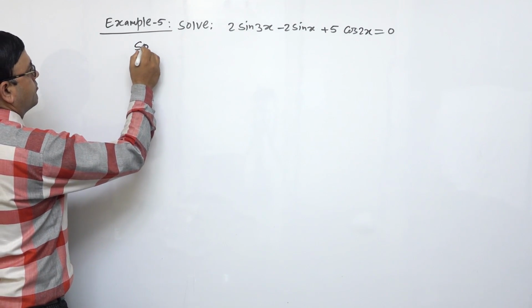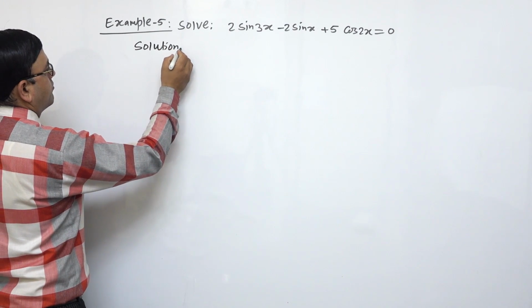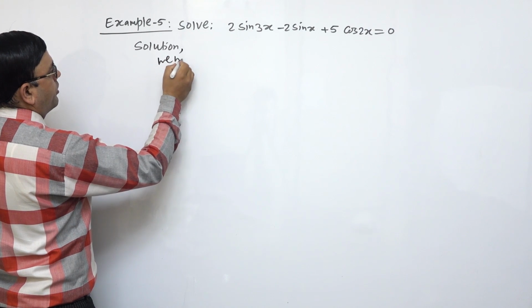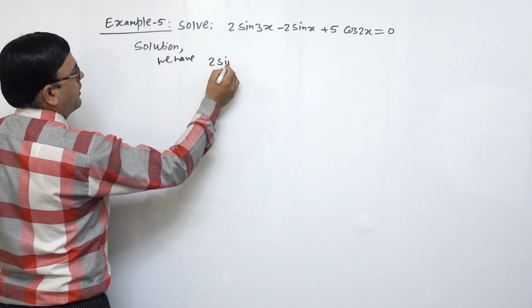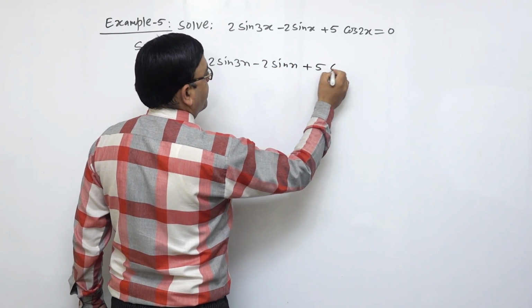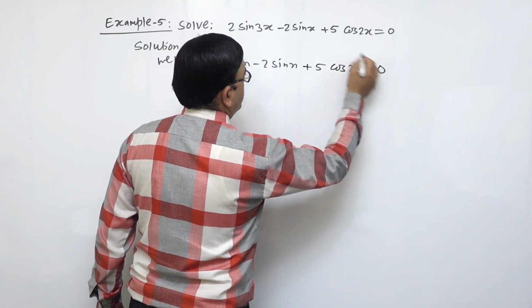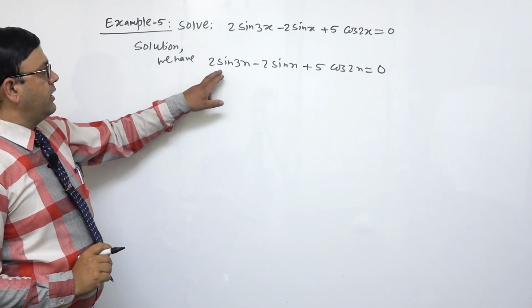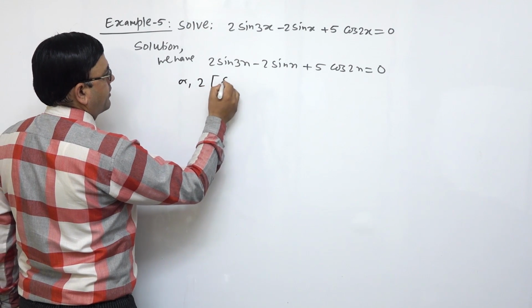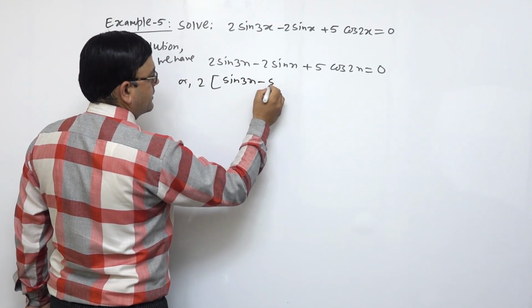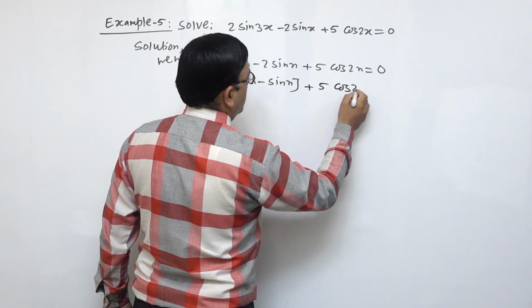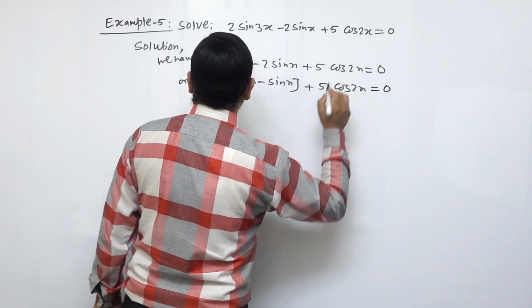Now solution. We have here the given condition: 2 sine 3x minus 2 sine x plus 5 cos 2x is equal to 0. So if we take 2 common, then 2 times sine 3x minus sin x plus 5 cos 2x is equal to 0.